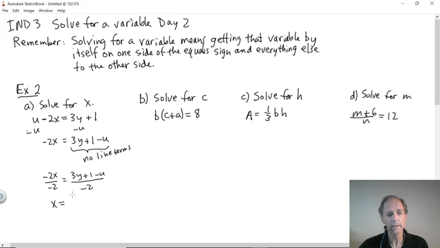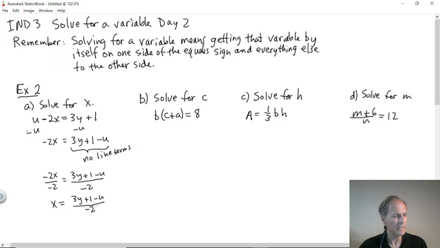On the right, we can leave that. And that is simplified, because if we split that up into the fractions, we couldn't cancel anything out. Now we would have a negative u over negative 2. We could make it positive. But that's really not simpler. It's okay to leave that like it is.